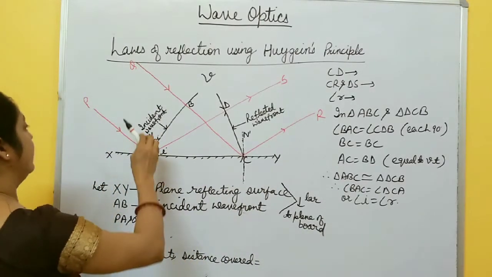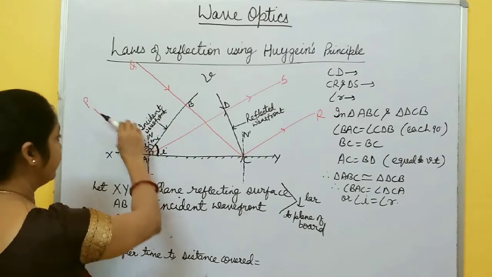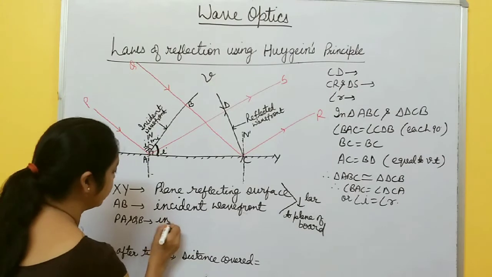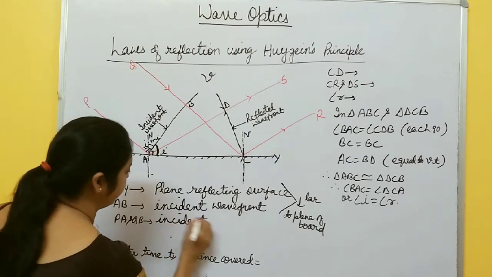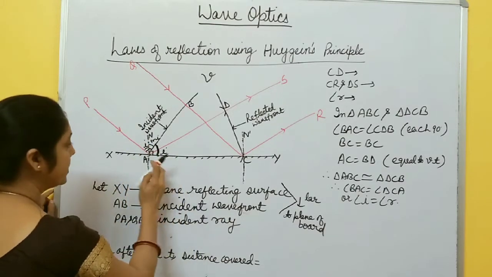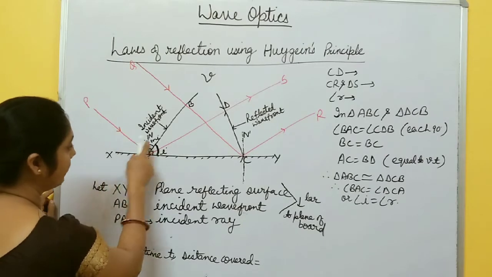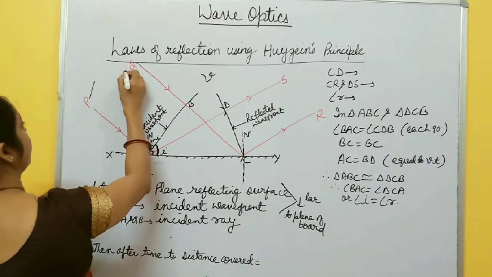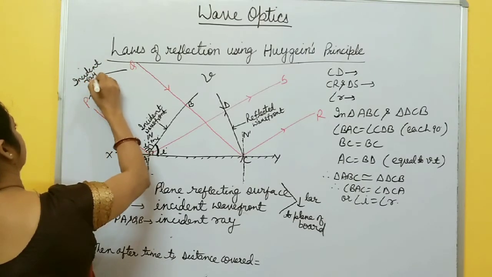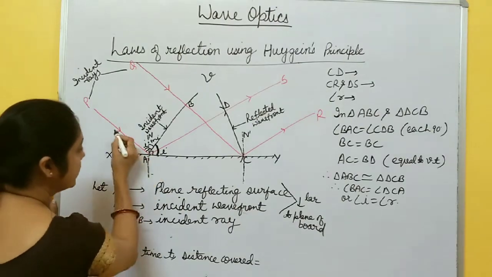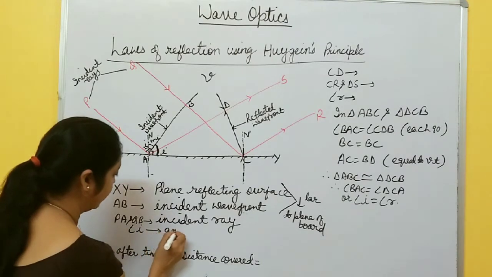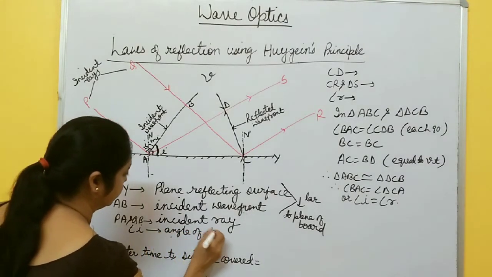And the line perpendicular to this incident wavefront is called an incident ray. Here PA and QB are incident rays, and this one is normal to the surface. The angle between the incident ray and the normal is the angle of incidence, so you can write i is the angle of incidence.